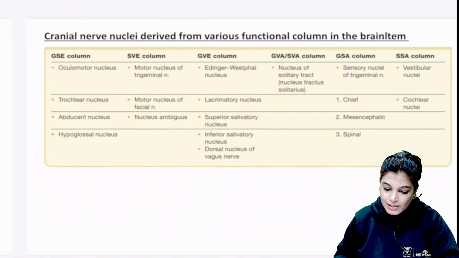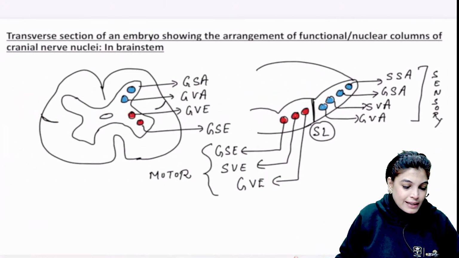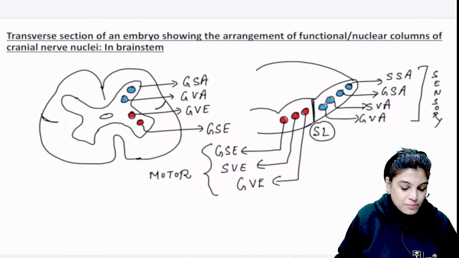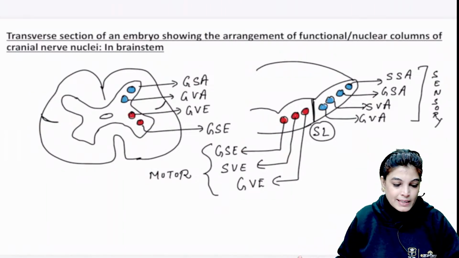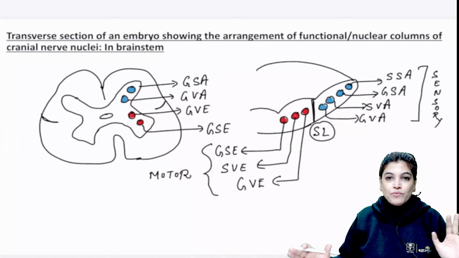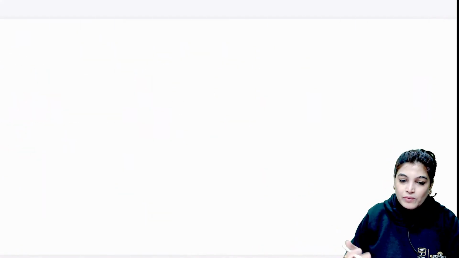So please write this down. My dear students, are you understanding? Any doubt you can let me know. Till now it is clear how 7 functional columns are formed. If you want, so you don't forget, then please write it down.